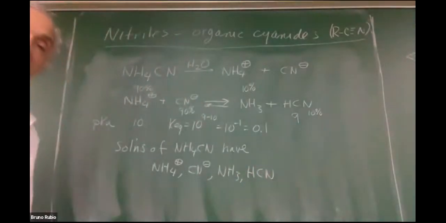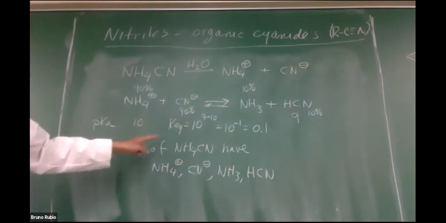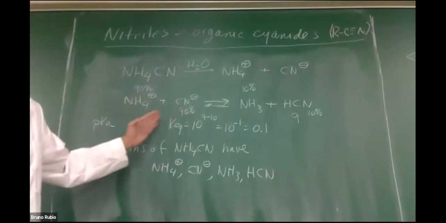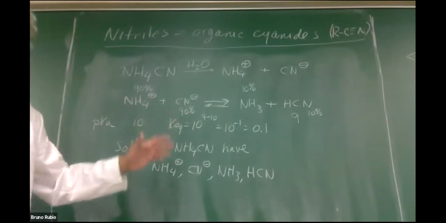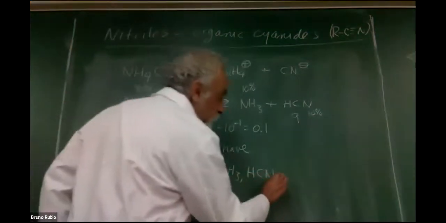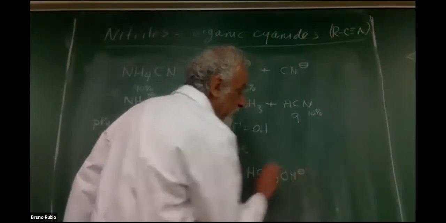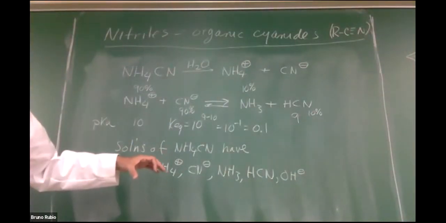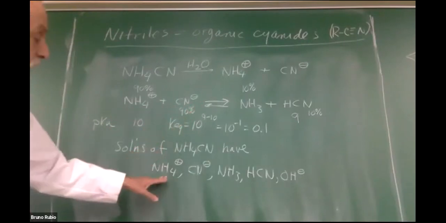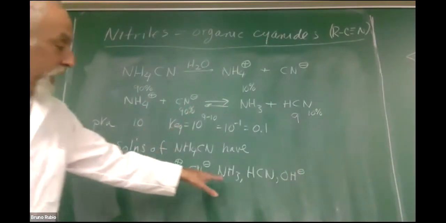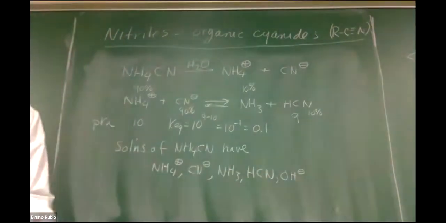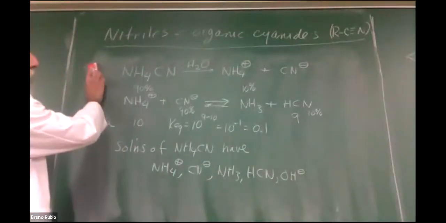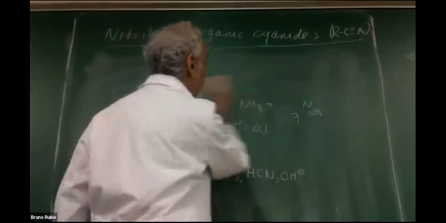And not only that, but because these pKa's of 10 and 9 indicate that these guys are not strong acids, solutions of ammonium cyanide are actually basic, so that you also have OH minus in there as well. Okay, so dissolving ammonium cyanide in water produces ammonium ion, cyanide ion, ammonia, HCN, and also OH minus. It's a complicated mixture of stuff. Okay, so that's what ammonium cyanide does.